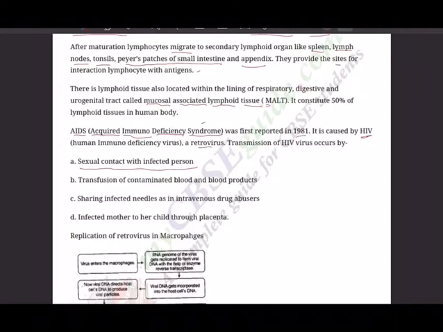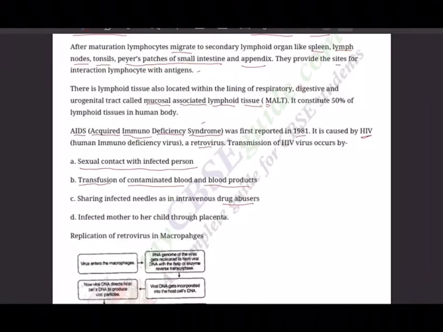Second, transfusion of contaminated blood and blood products from an infected person to a healthy person. Third, sharing of infected needles like in intravenous drug abusers. So particularly taking drugs in the form of intravenous injections, and that injection will be shared by a group of people, and if one person is AIDS positive, the others also will get it.